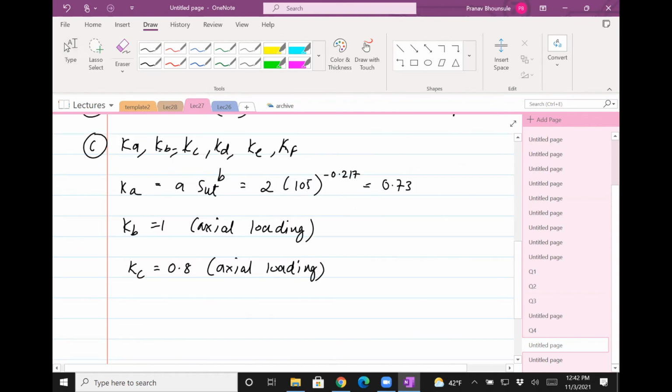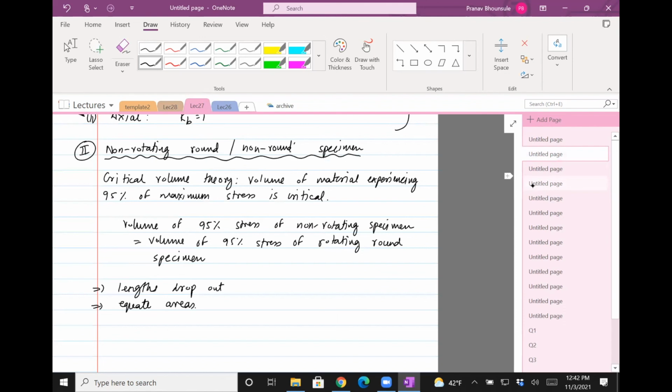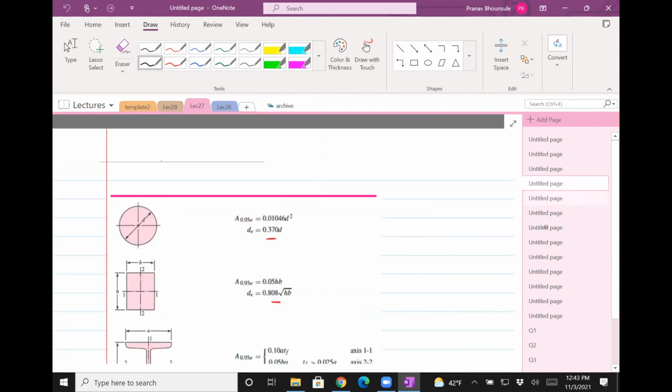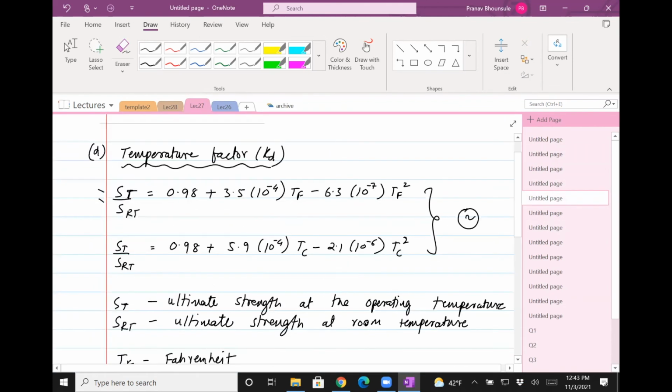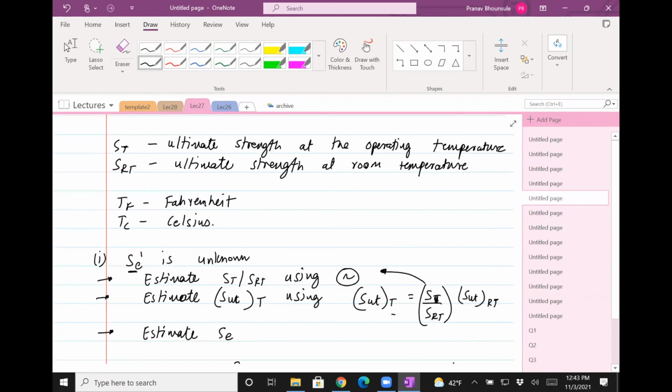Okay, KD. Remember there was a way to compute it, but it depends on whether you know SC prime or you don't. So if you go back and see KD, in this case the endurance limit was not given, and we estimated it using this algorithm.